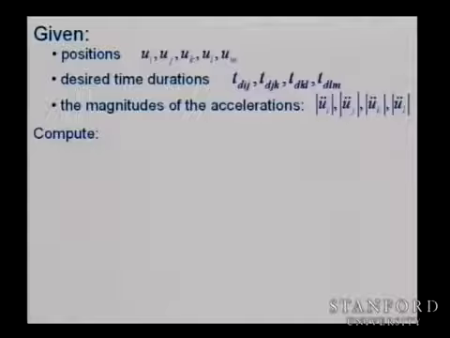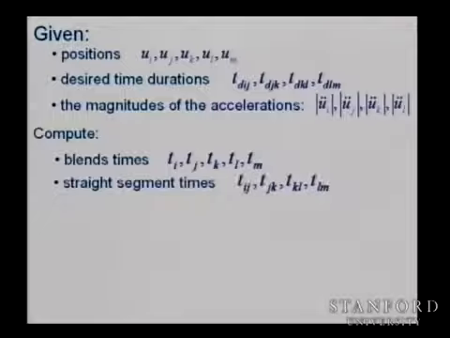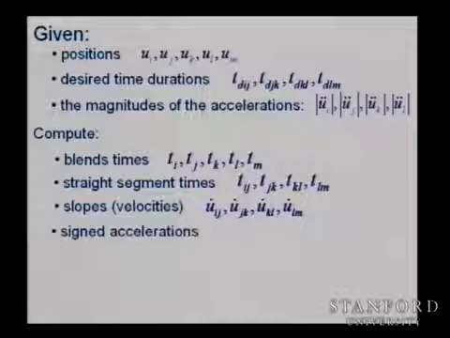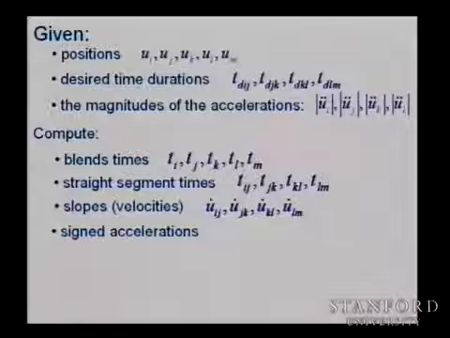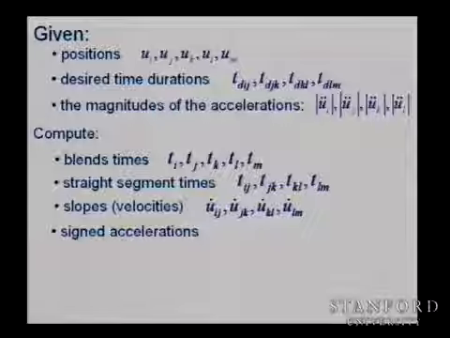So using those, we want to compute the blend times, so how long each of the blends are, the straight segment times, the velocities, the signed accelerations, because here we just had the magnitude of the acceleration, but we don't know whether we are accelerating or decelerating, and that will depend on the motion.